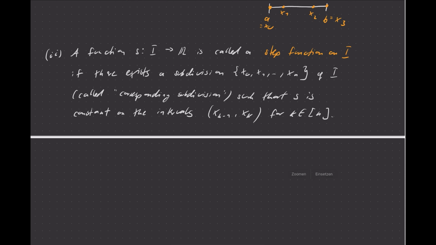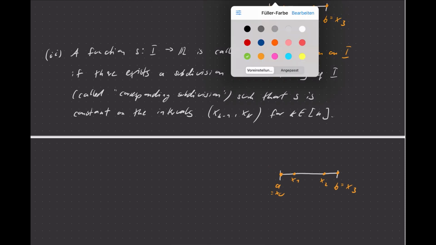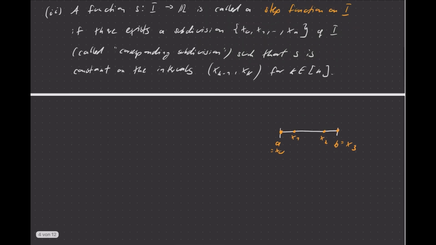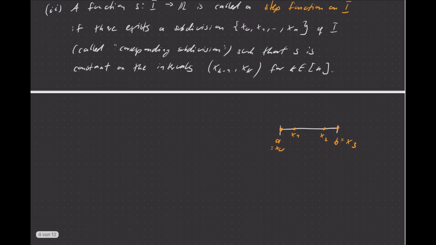So as an example, we have a look at this subdivision that we have just seen. A step function on that subdivision, for example, would be the function that is constant here between x0 and x1, then constant between x1 and x2, and then again constant on x2 to b.